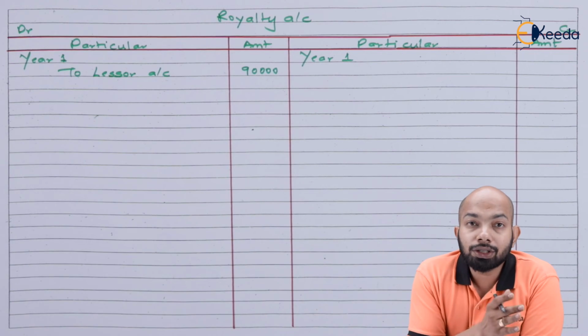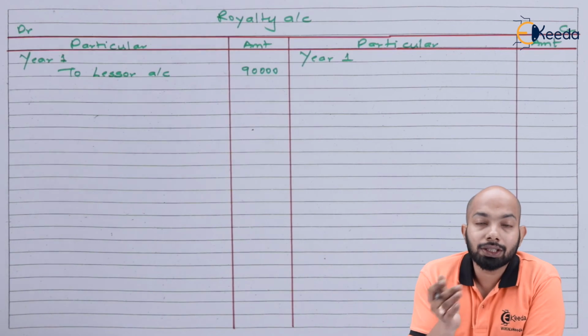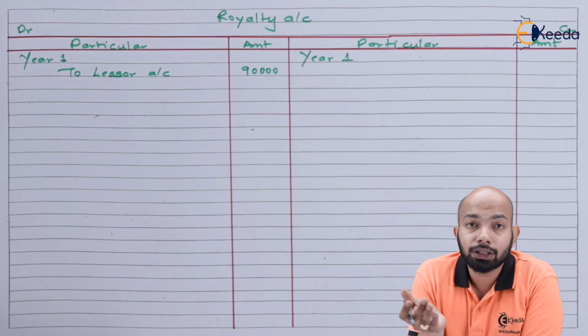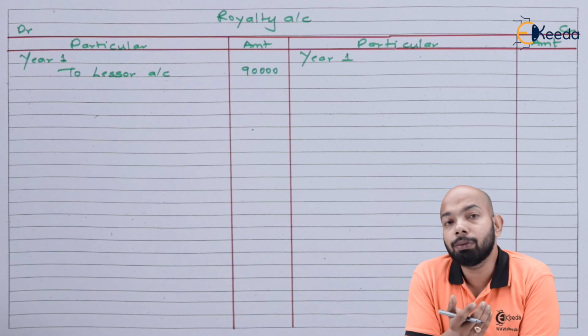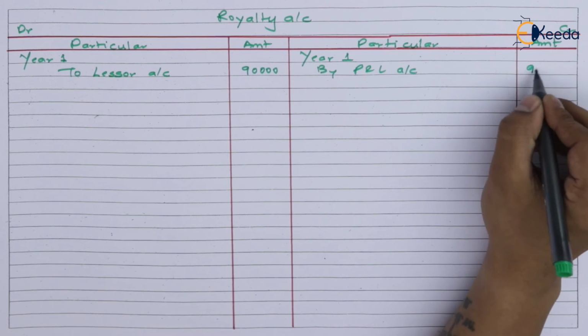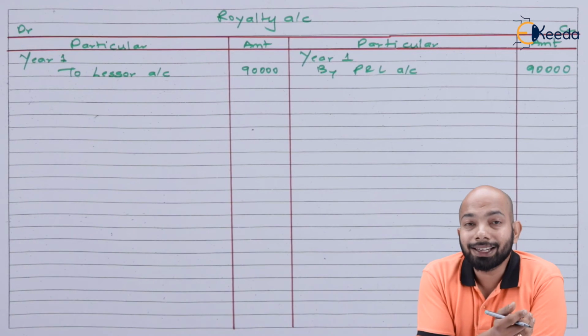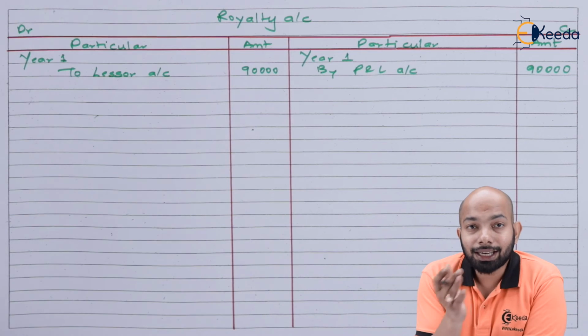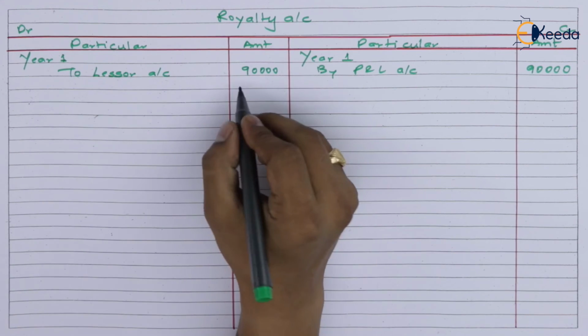Now, whatever royalty was there was getting transferred to profit and loss account. Hence, again, it's a self-balancing ledger. Whatever royalty is being transferred will be moved to profit and loss account. So when I talk about self-balancing ledger, basically, there is nothing that is carried down.